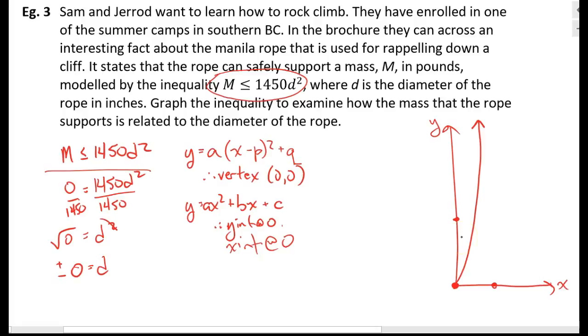Alternately, you can use that strategy we have of reading it and saying, okay, well, the mass, I should actually change these. So mass, diameter, mass needs to be less than my function, the output of my function, which means I should be shading below my curve.